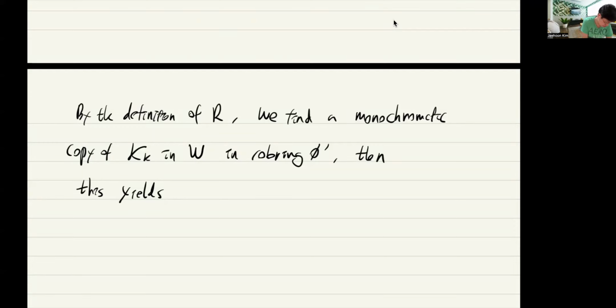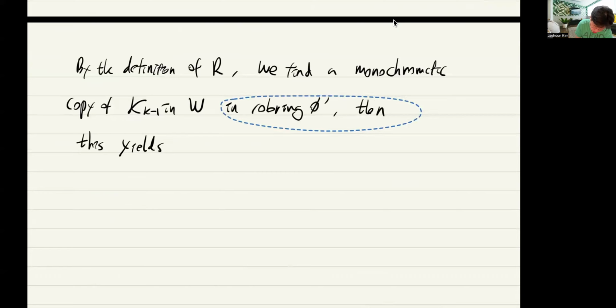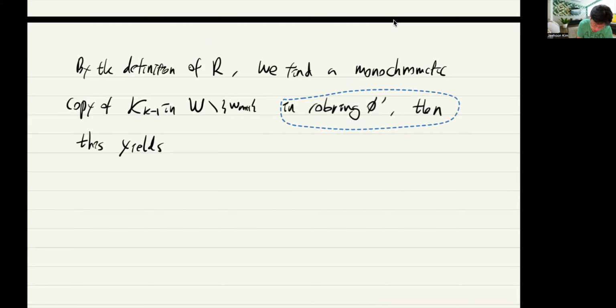Actually, I said it wrong. So it gives you a monochromatic copy of A_{K minus 1}, let's write it this way, this minus the last one. Since our coloring is an edge coloring of the graph, and then we extend it into one bigger one.